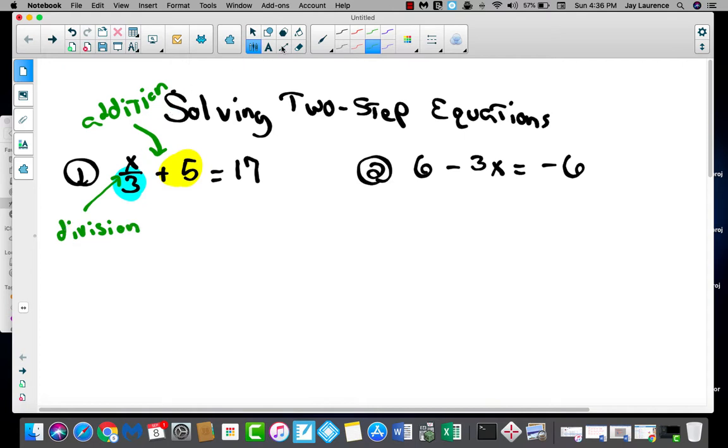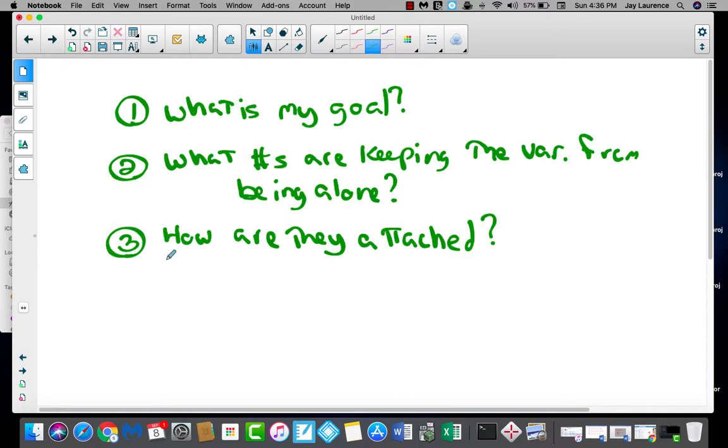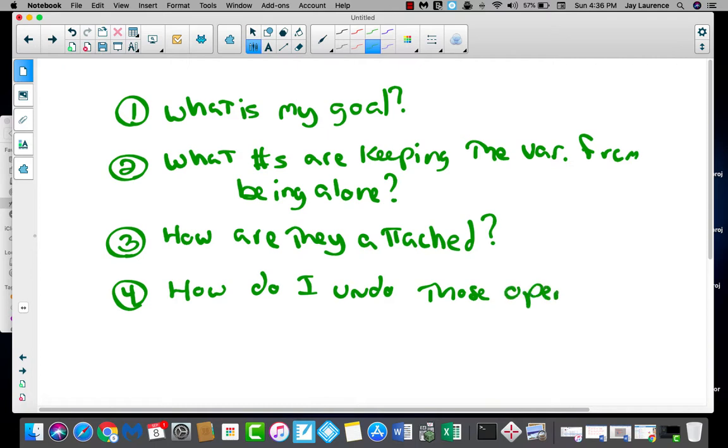And here's why it's so important. Because question number 4 is, how do I undo those operations? Well, what are the inverses? We said we had multiplication. No, we didn't say we had multiplication.